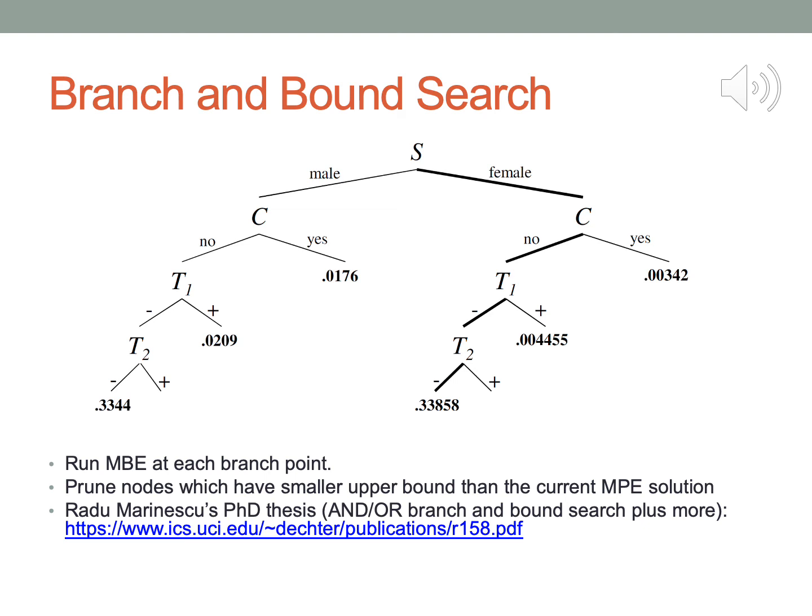A final point that I want to mention is that instead of using OR search space, we can use the AND/OR search space, which will yield further reductions in computational complexity as well as the number of nodes explored.